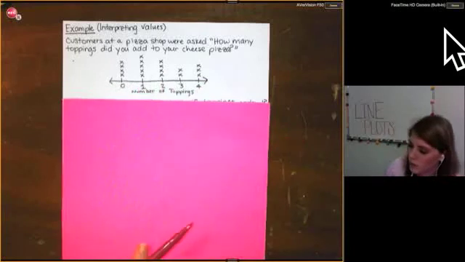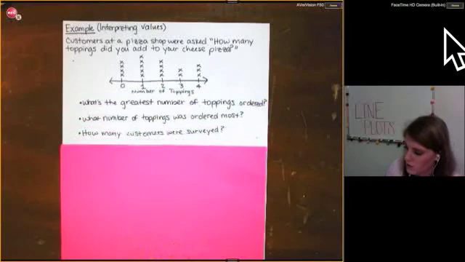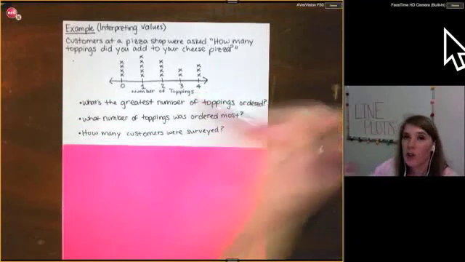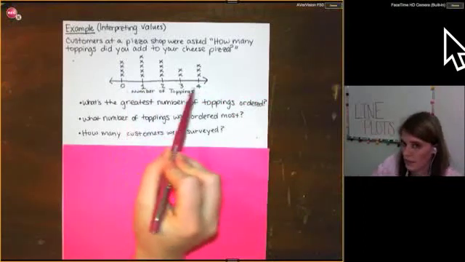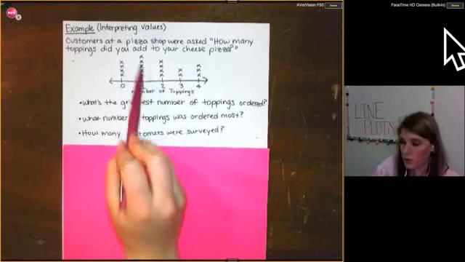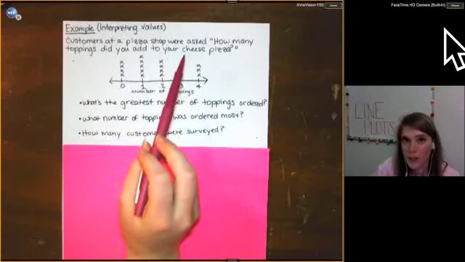And so if you're asked some questions about just the values, just the numbers in the data, we want to make sure that we're interpreting the dot plot correctly, because there are 2 sets of values here. There's the numbers that are the answers to the question, and then there's the numbers that relate to how many responses we got, because we are talking about that frequency, like we said earlier.